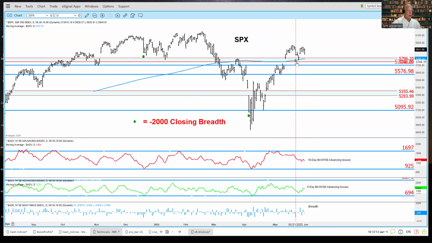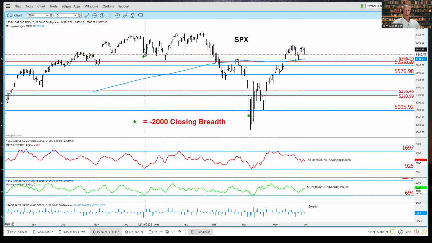This green arrow was the last time we had a negative 2000 breadth reading. And typical of bull trends, and this is only clear in hindsight, when you have a negative 2000 breadth reading, you're almost always close time-wise to a low. It happened here, it happened here, it happened here. This is bull market behavior.